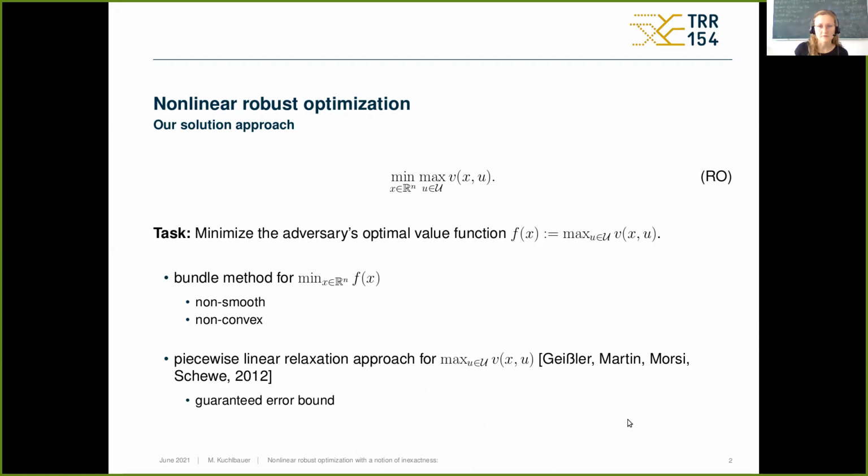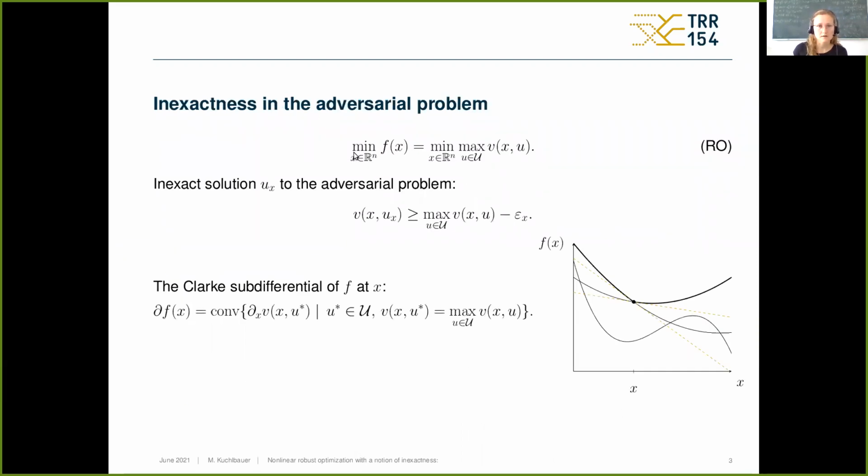So let's see what type of inexactness that we have to consider. So we have this minimization problem with objective function, that is the optimal value function. And we have a bounded error in the function value of this optimal value function. So when we want to use an adaptive bundle method or a bundle method, we have an approximation of the function value.